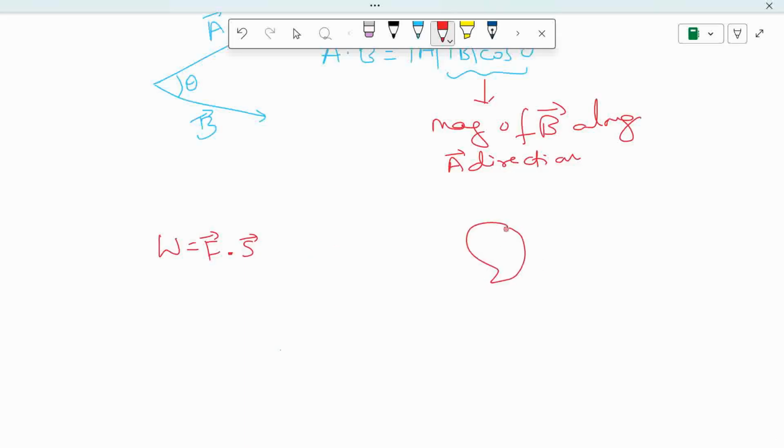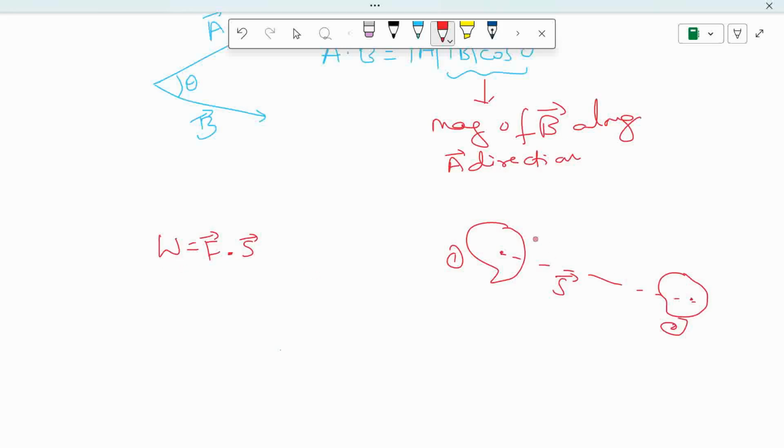So let's consider a stone and it is moved to this point. The size is the same, this is the center of mass, the same stone. It is moved along this path, a straight line from position 1 to position 2, and this is the displacement vector. So the dot product will give the work done.